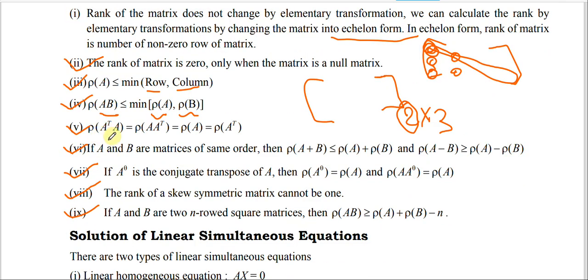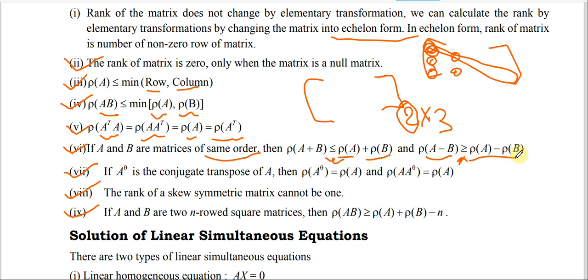And the rank of A transpose into A will be the same as A into A transpose. If A and B are two matrices of the same order, then the rank of the summation will be less than or equal to the sum of the separate ranks. And for the difference, the sign changes, it will be greater than or equal to.